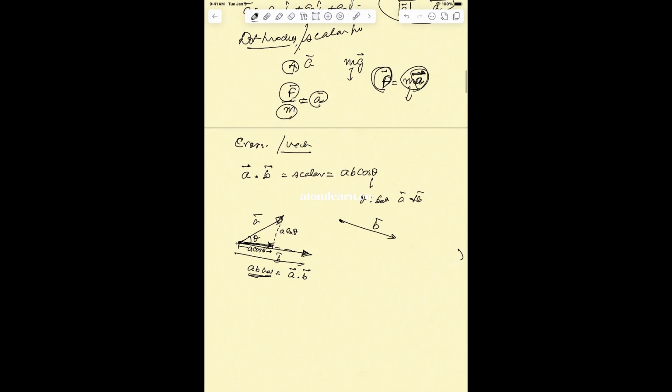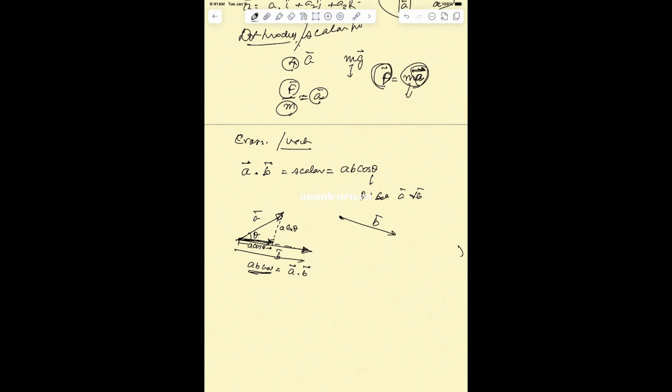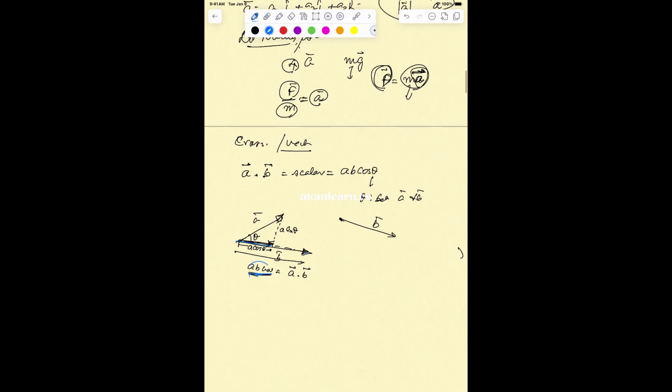Now you could also have the same thing in a different manner. In this case, what I did is a cos theta into b as a multiplication. Now you can also have it as b cos theta into a, which is also the same. How is it? This is b, and this is theta. Where is b cos theta here?